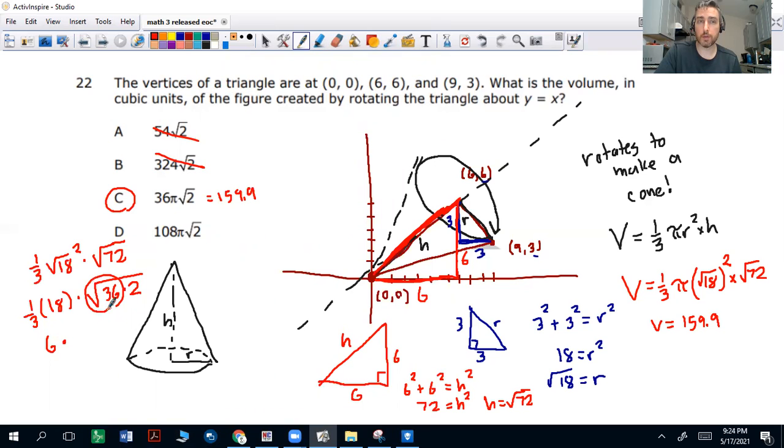And if you square root the 36, that's going to be 6 with a square root of 2 inside. So that's going to be 6 times 6, which is 36 square root of 2. And don't forget, we left the pi out, so it's 36 pi times square root of 2, if you're interested. If you're nerdy like me and want to know where that all comes from, that's where it does.